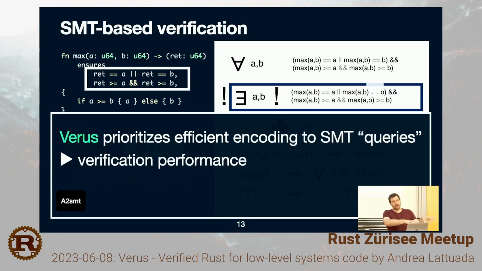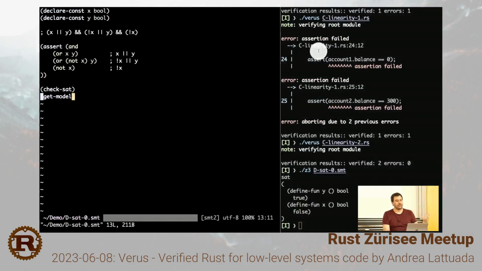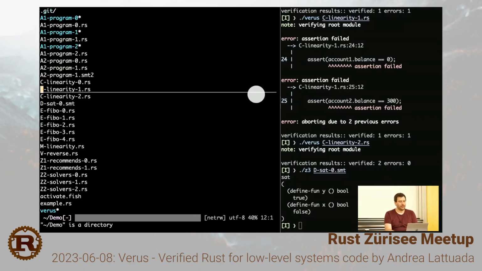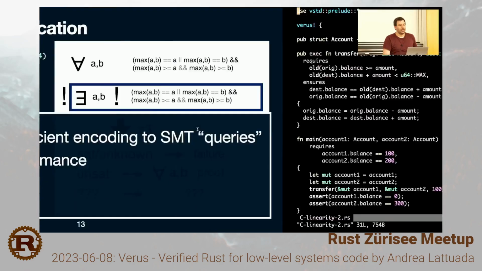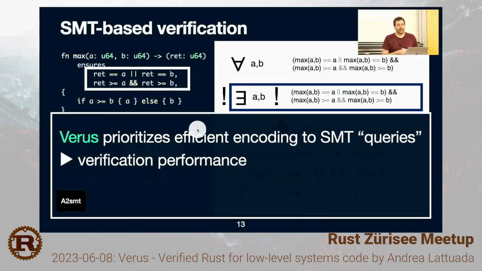So when using a tool like SMT, we get these automatic proofs that we were seeing before for free, at least at this level of complexity. That comes with the fact that we need to make sure to use this Z3 tool properly to extract as much performance out of this.